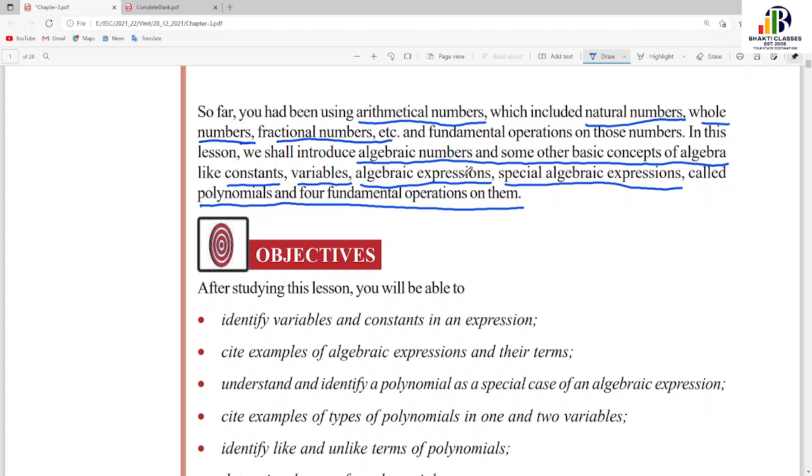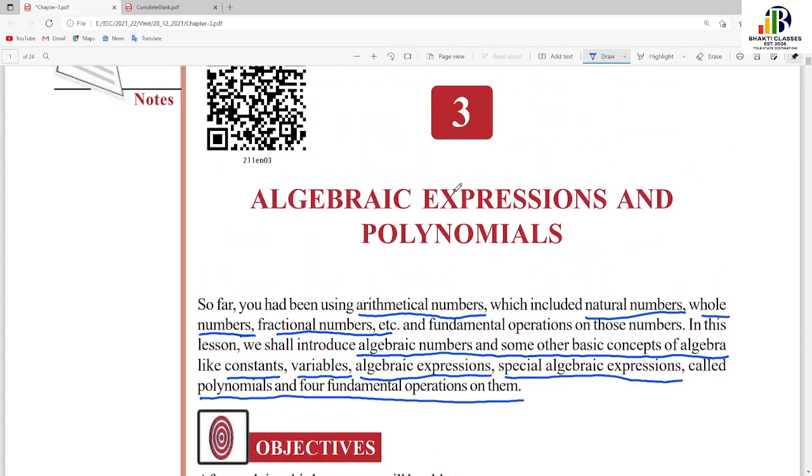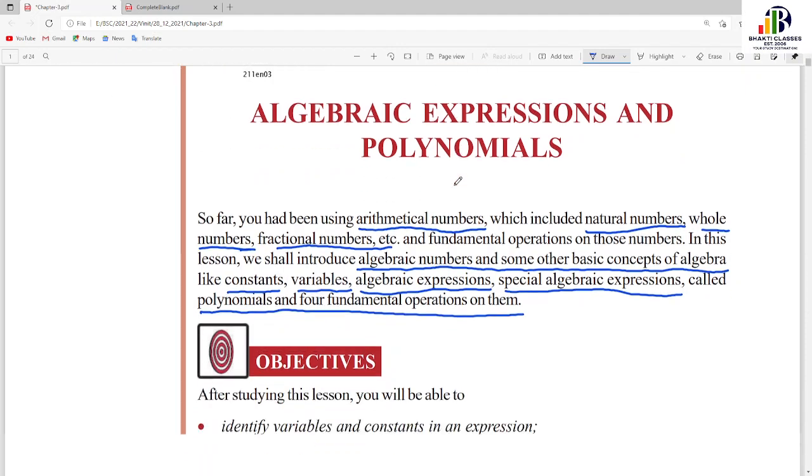So, this is the fundamental chapter of mathematics. For the next mathematics chapters and in next academic standards, you require the foundation of this chapter.